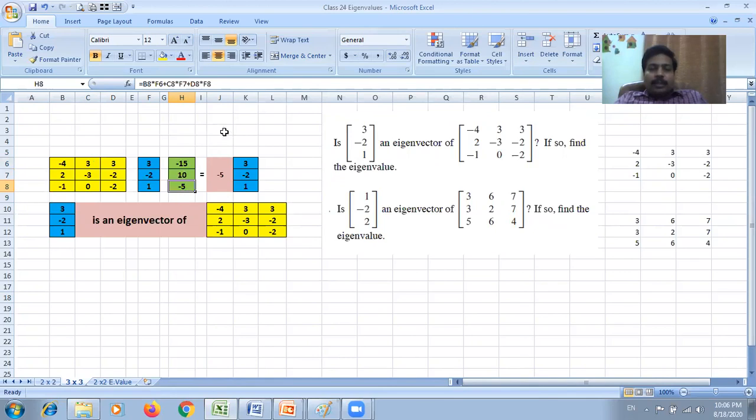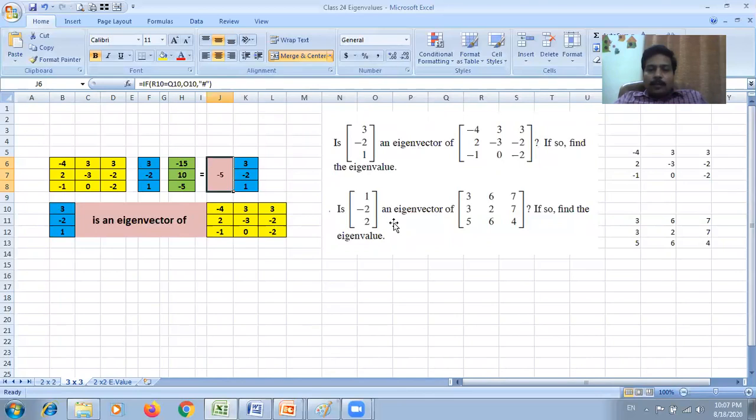So here we can observe that this is -5 times the given vector. So -5 is the eigenvalue. So this vector 3, -2, 1 is an eigenvector of the given matrix. The eigenvalue is -5.